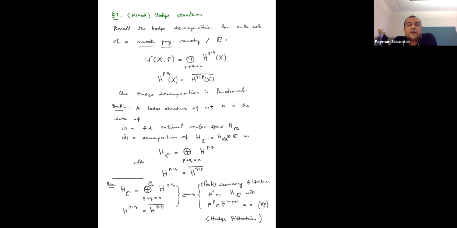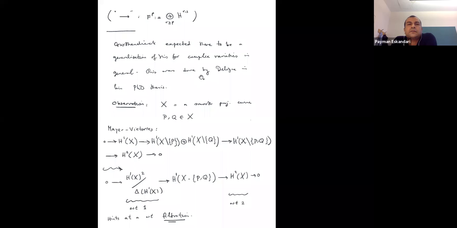Going from the decomposition to the filtration, you take F^p to be the direct sum of all these H^{r,s}, with r being at least p. So it's the direct sum of the components where the holomorphic degree is at least p. That would be F^p. And then there's also a passage in the other direction, which I'll omit.